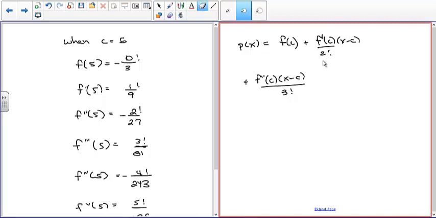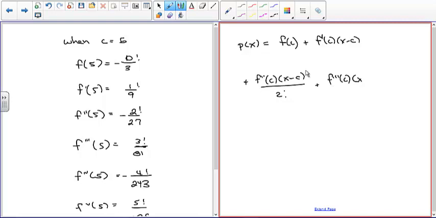So we don't start dividing by factorial until the next term. Then you take the third derivative evaluated at x equals c times (x minus c) cubed over 3 factorial. Yeah, I guess the exponent corresponds to the factorial.